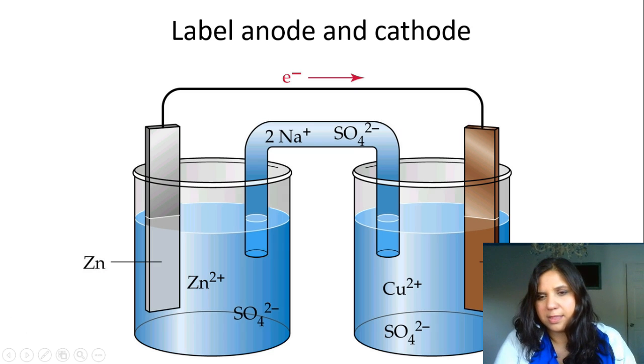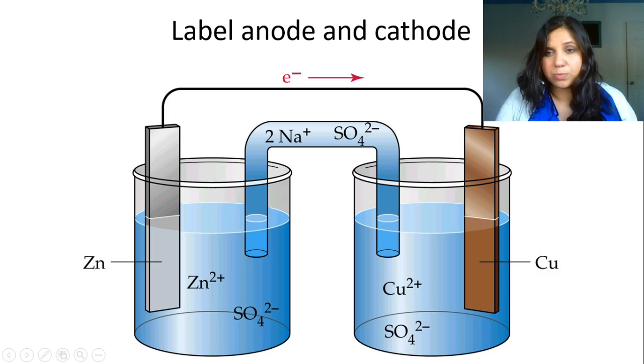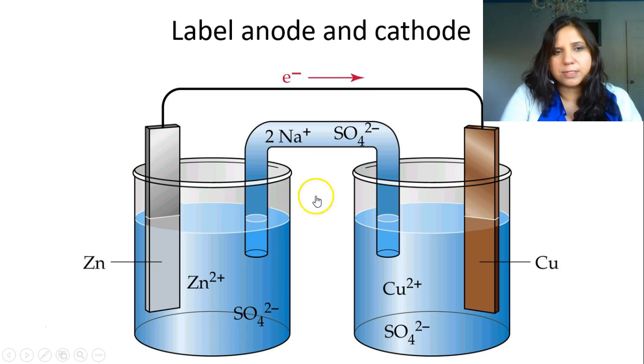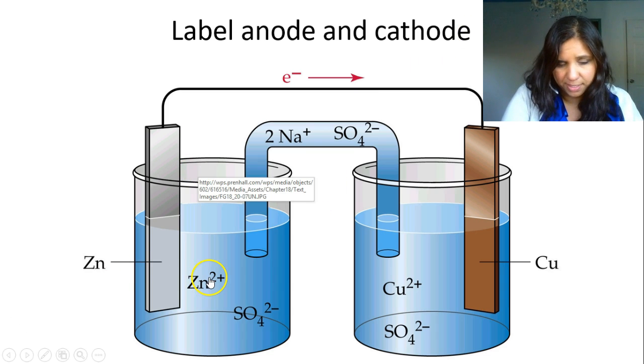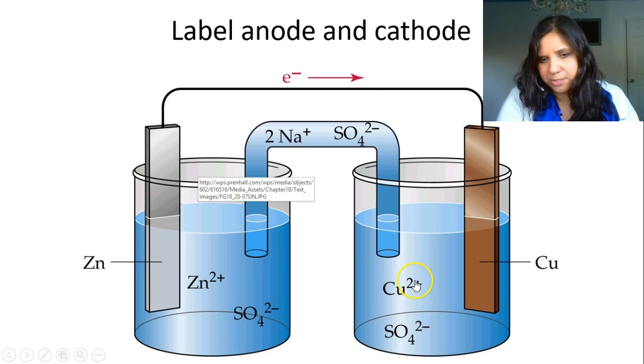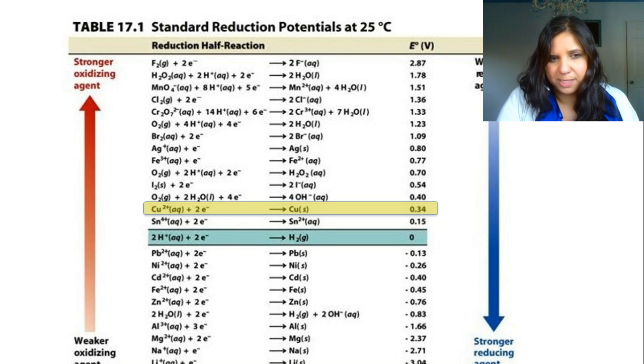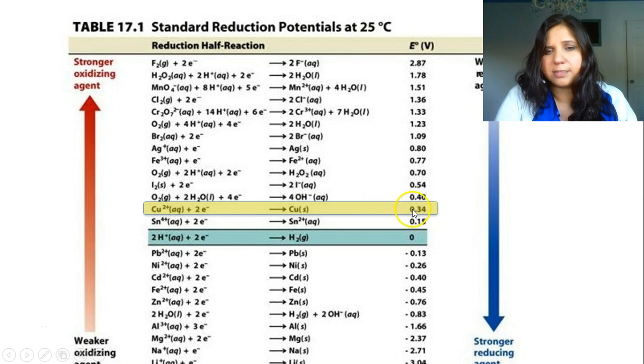Alright, so in this one, if we were to figure out which one is the anode and which one is the cathode, we would look at that table and we would look for zinc and zinc 2+, and copper 2+ and copper. So here's the table. We have copper 2+ plus 2 electrons makes copper solid. This is the part that's in solution. This is the electrode, and this is the value, that's potential.